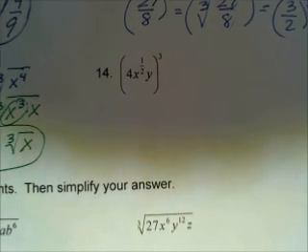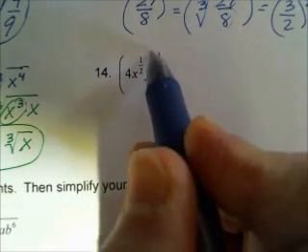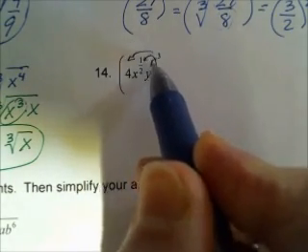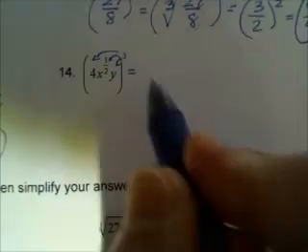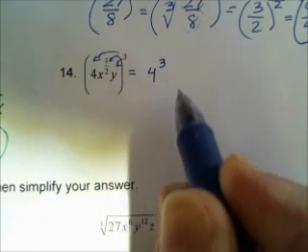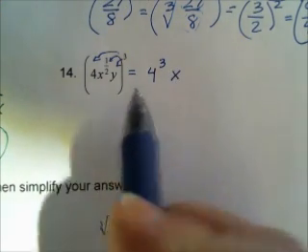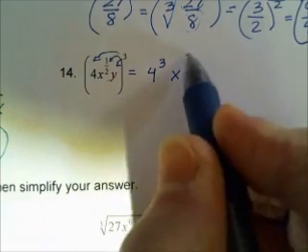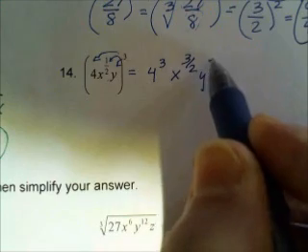So let's distribute that power, right? So we're distributing the 3. So this would equal 4 to the third, which is 64. x to the 1/2 times 3 is 3/2. And y to the third.